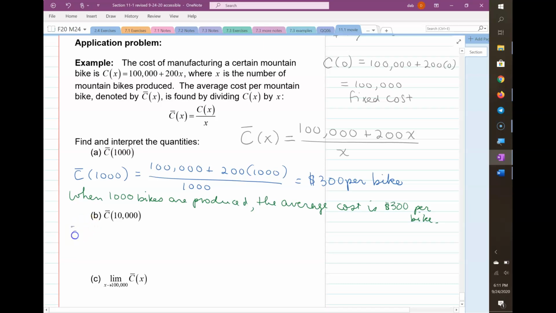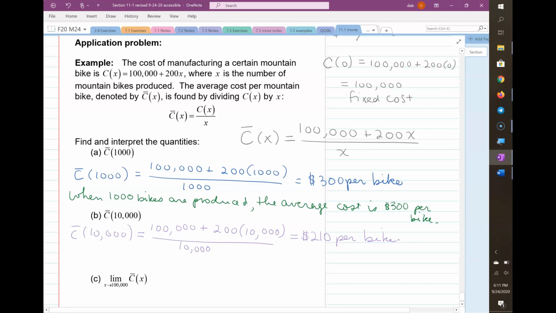Okay, so then let's look at C bar of 10,000, to see what happens if they up their production from 1,000 to 10,000. We're going to put 10,000 everywhere we see an X. And that looks like $210 per bike.